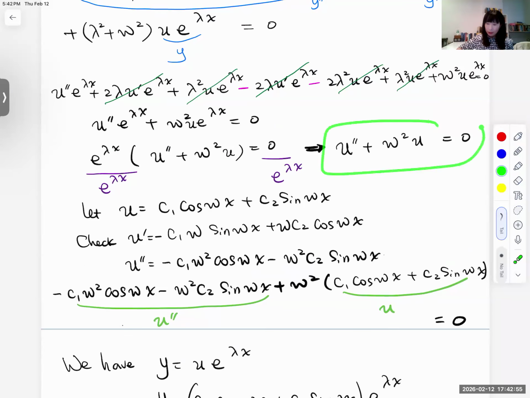Okay, now let's find out whether this is a true statement or not. So let u equal c sub 1 cosine omega x plus c sub 2 sine omega x. Okay, then u prime will be, what's the derivative of cosine omega x? Omega we treat as constant, right?